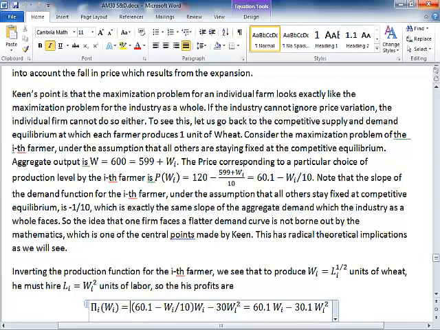In fact, Duncan Foley started the first models like this, in which he invoked theories from quantum physics, basically to do the calculations. He says, okay, it's clear that there will not be one price, so there will be a distribution of prices. So what will this distribution be?